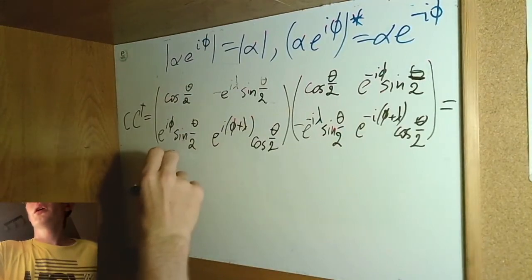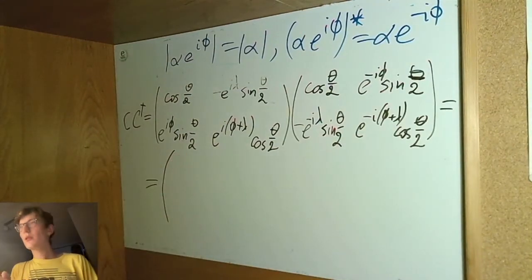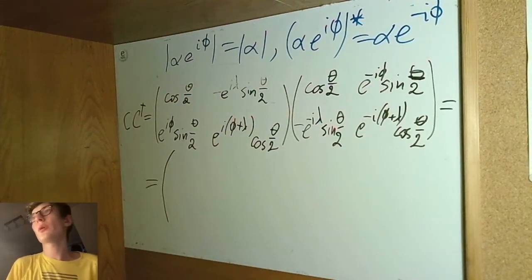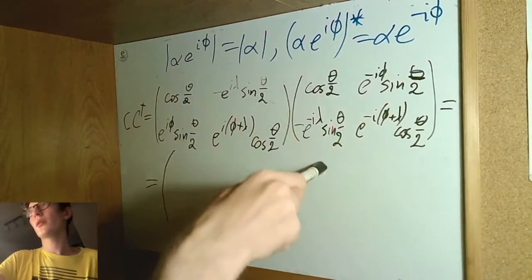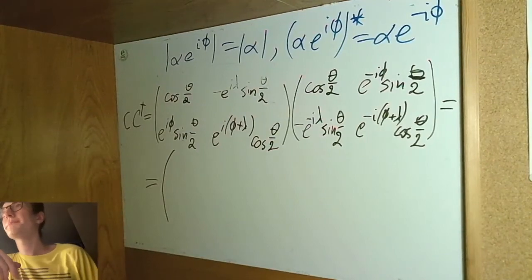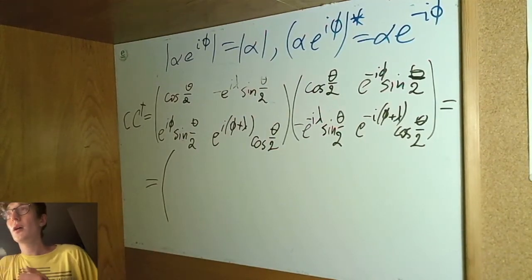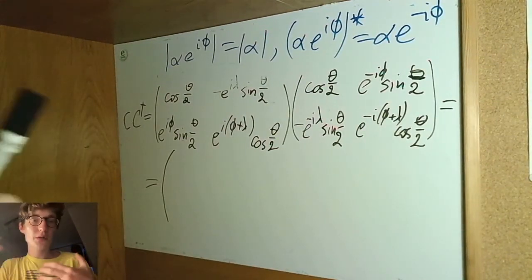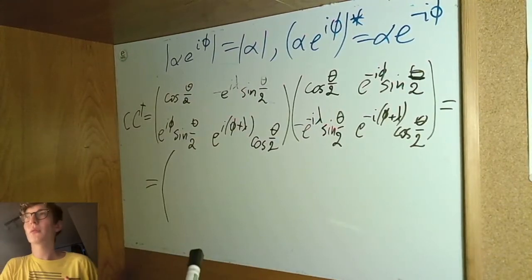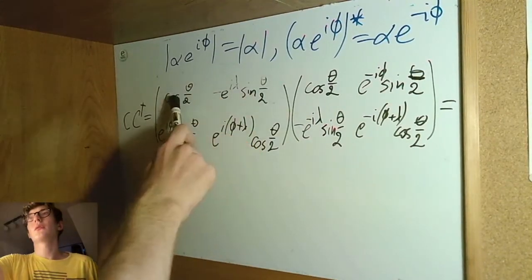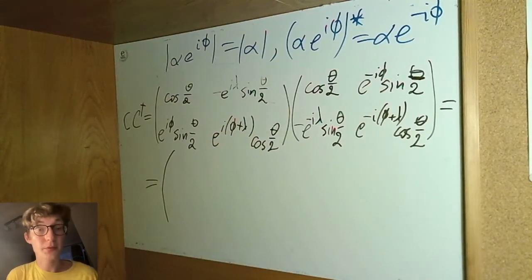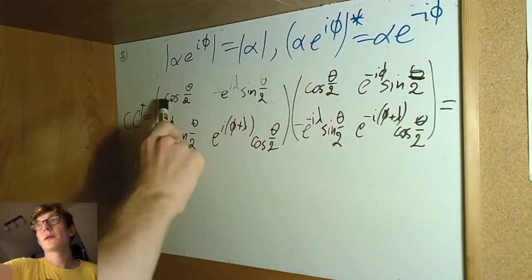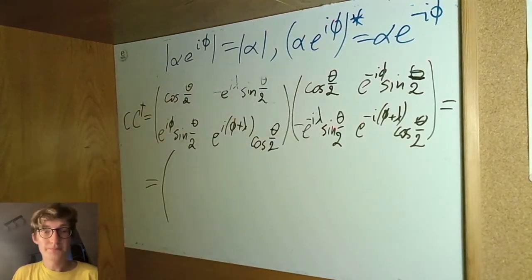Okay, and take a look that when we multiply this row by this column, we get the sum of squares of absolute values of these numbers, right? That's what I was talking about in the previous example, because we multiply these numbers by their conjugates.